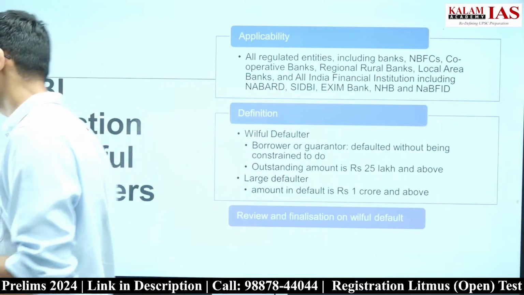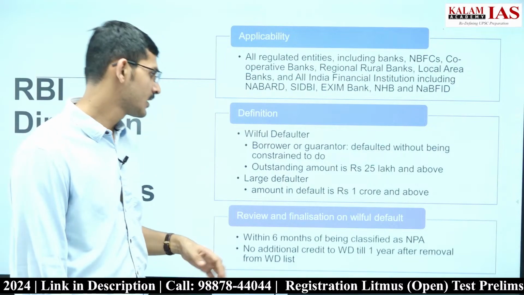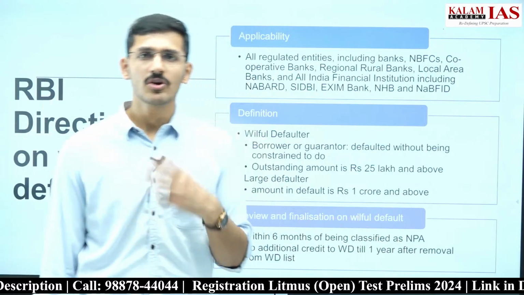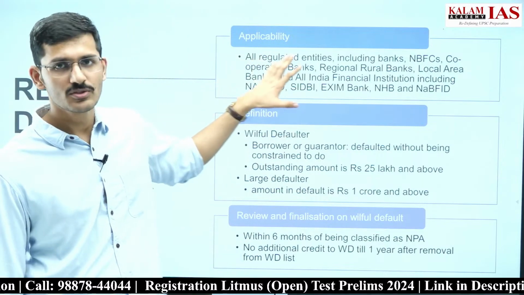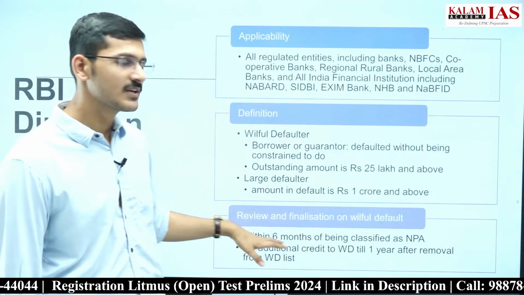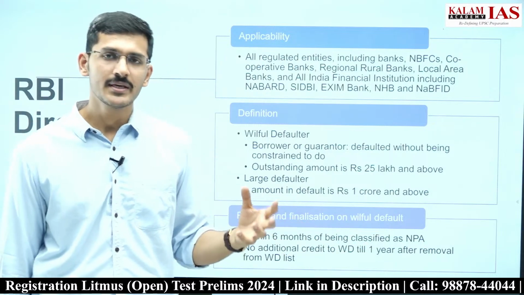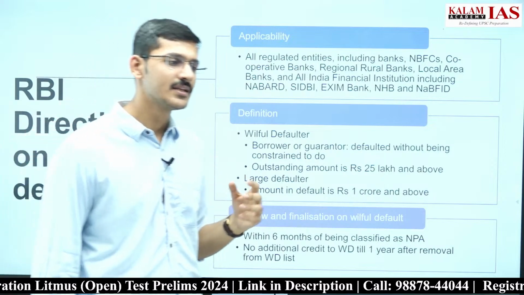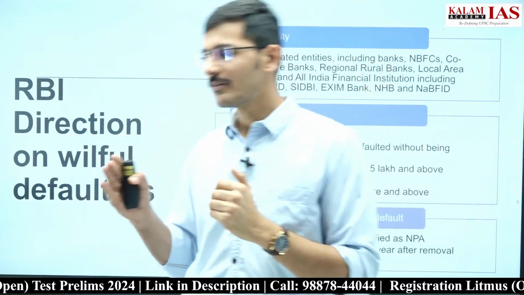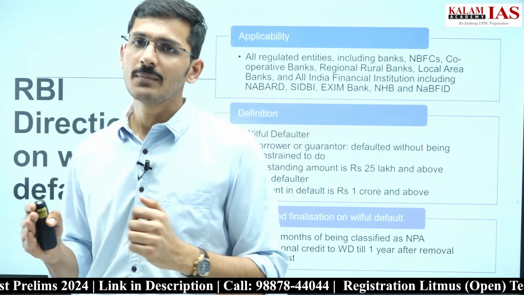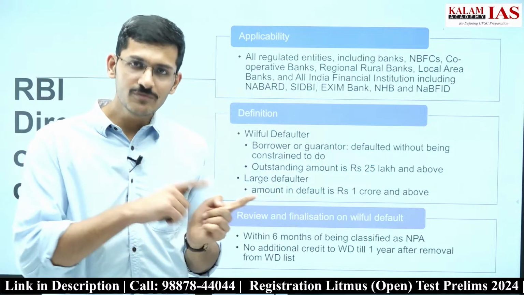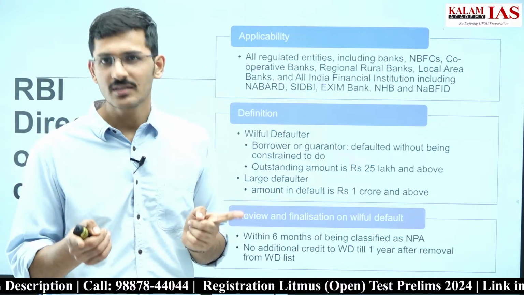Now, review and finalization of willful defaulters. Within 6 months of classifying a particular borrower as NPA, that is, once a bank has said that this asset has become a non-performing asset, the bank has to review whether this person is not paying willfully or has certain financial constraints.